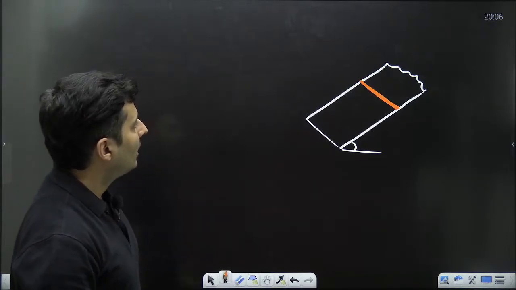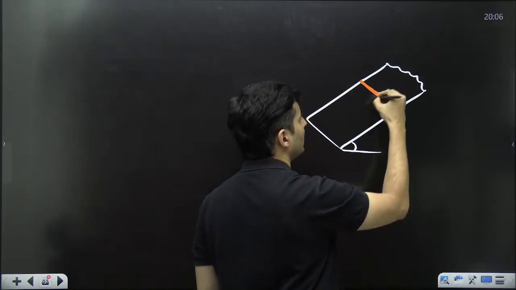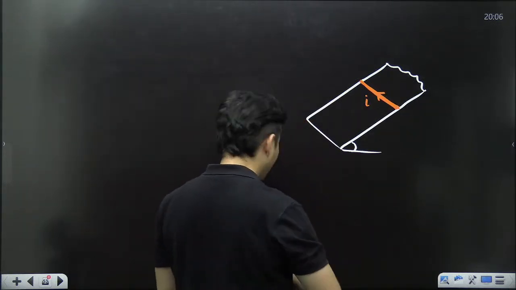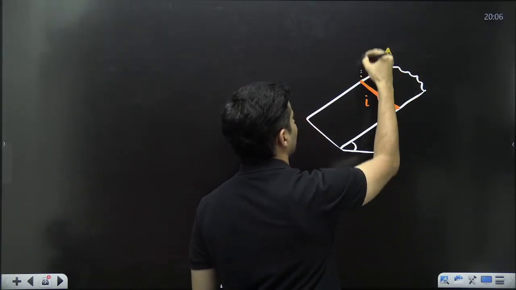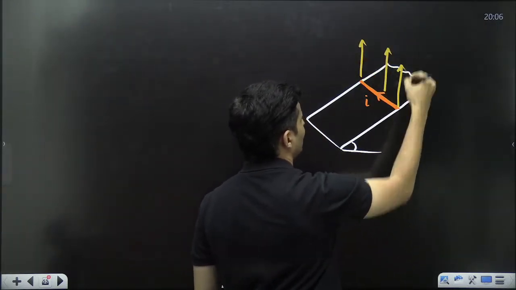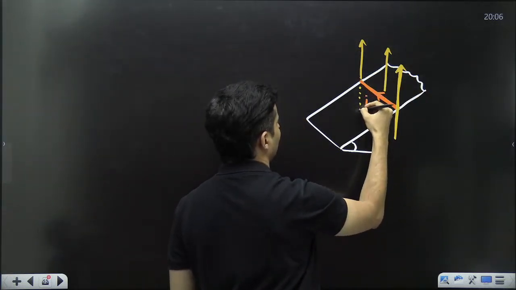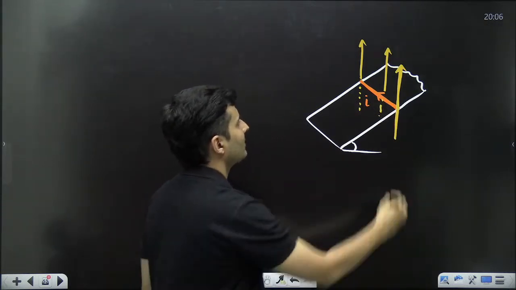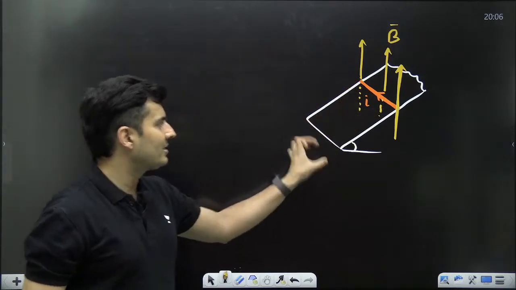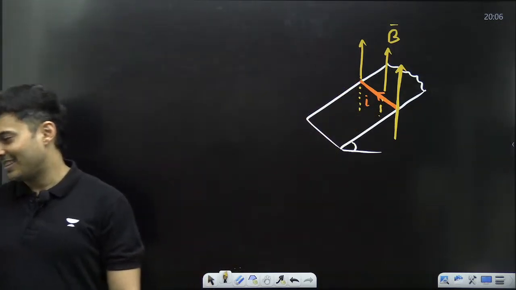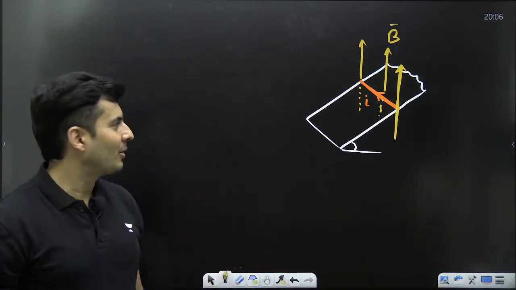There's some current going in it and a magnetic field also present, in the vertical direction. Just visualize that. The rod is not sliding down. Interesting.